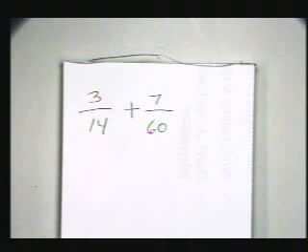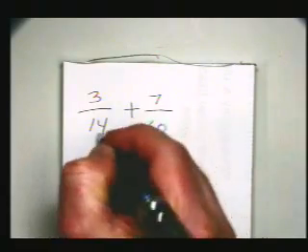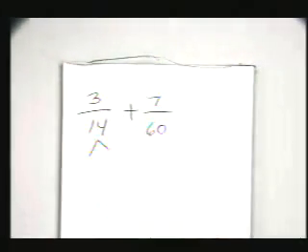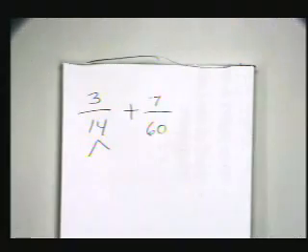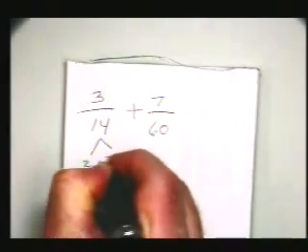Now, if you remember, the first thing you do is break this down into a product of primes. So 14, what is that as a product of primes? It's 2 and 7. Excellent, Rachel. 2 times 7, and both of those are prime.